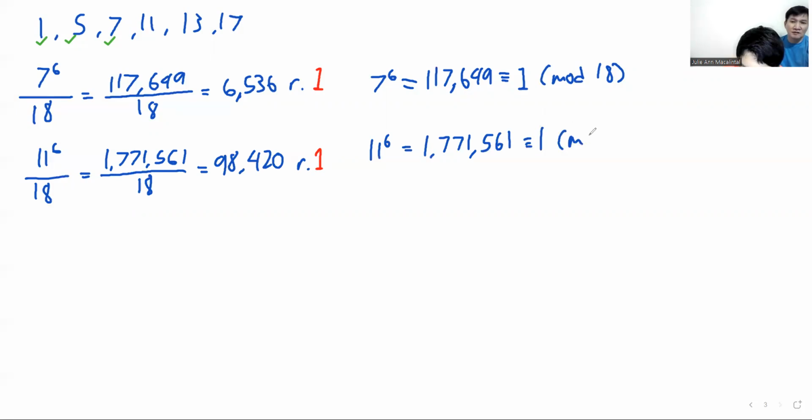Meaning if you divide that number by 18, you still get a remainder of 1.